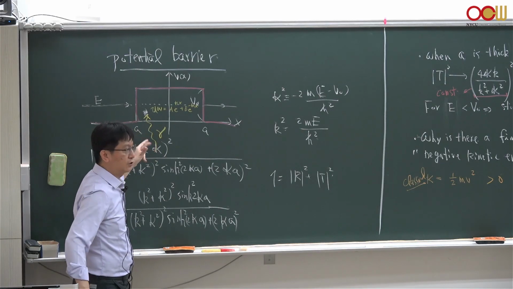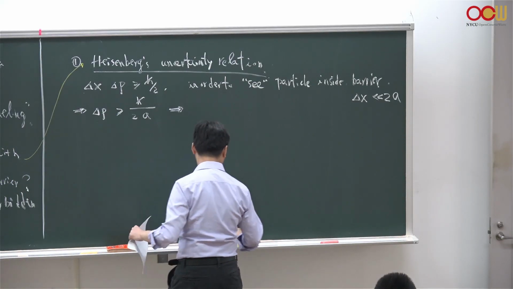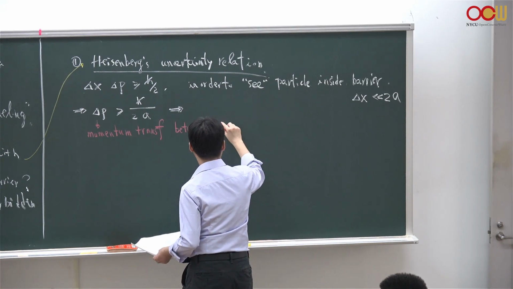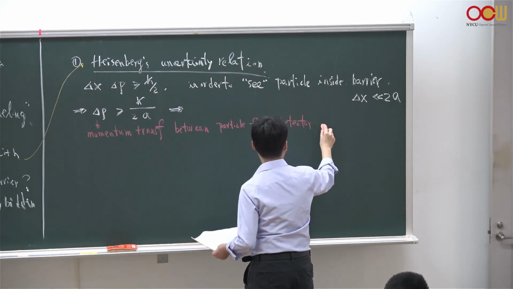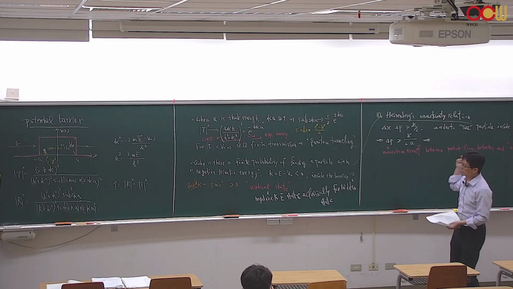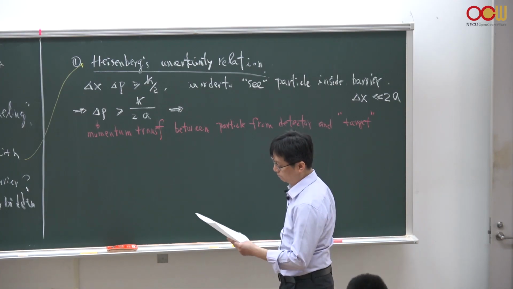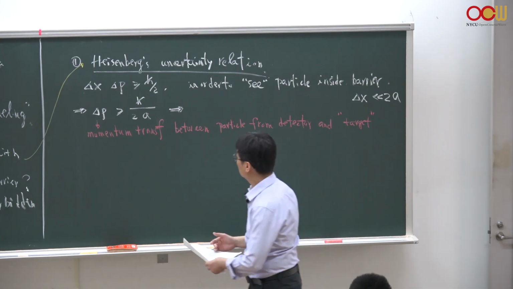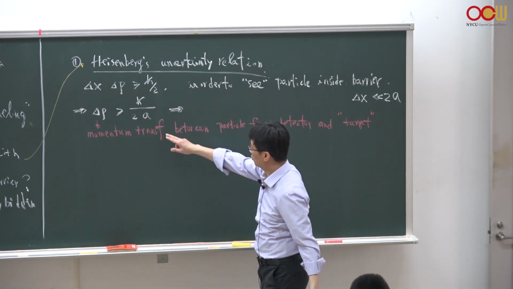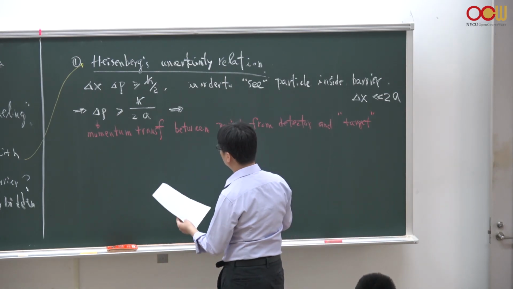This effectively gives rise to this delta p, because this is the momentum transfer between the particle from the detector and the target particle. All right? So you need to send in some particle to hit the target in order to really see this particle inside the barrier, but then it really generates the momentum transfer. Based on the Heisenberg uncertainty relation, this momentum transfer, delta p, must be much greater than this value. And this effectively gives you an energy transfer.